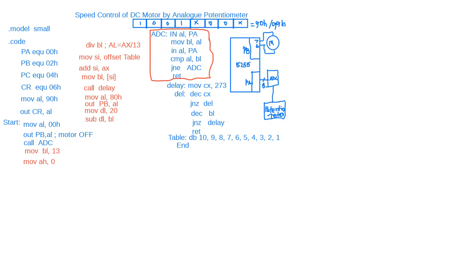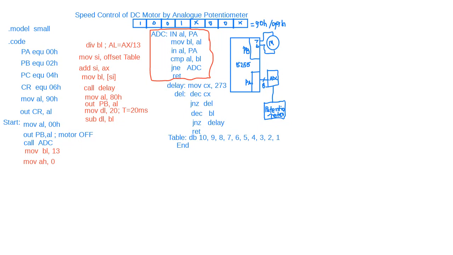Now what is the on time? We are calculating it. We know that this is the total time, T equals 20 millisecond, for example. Now we sub, and then send it to BL.